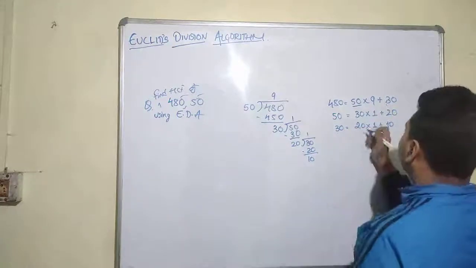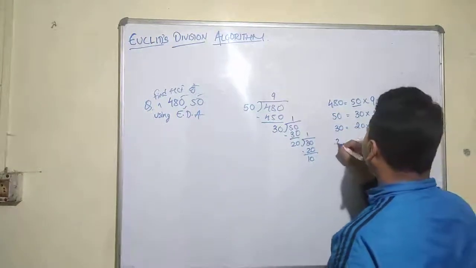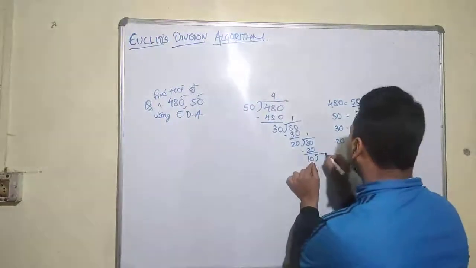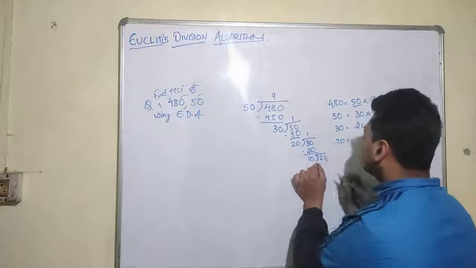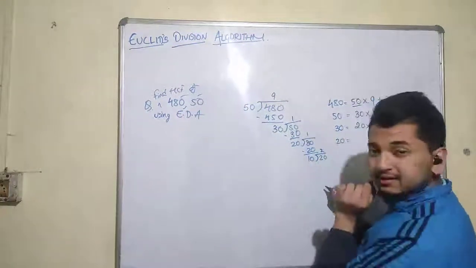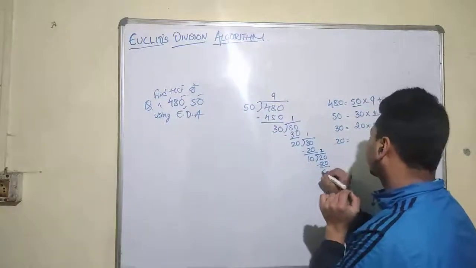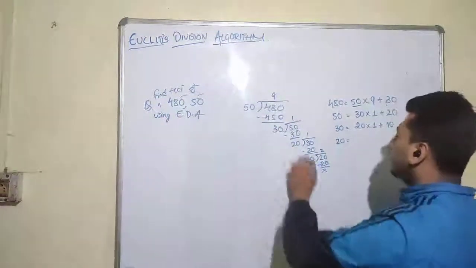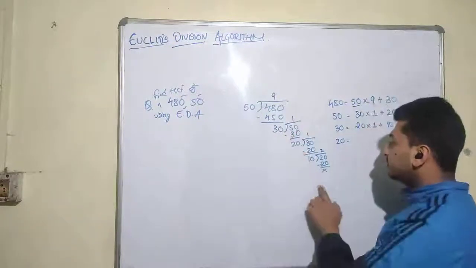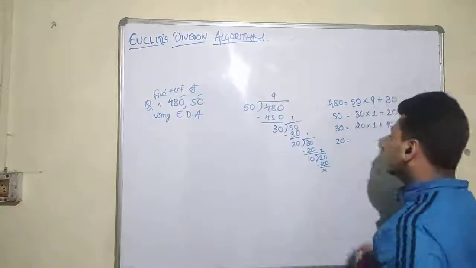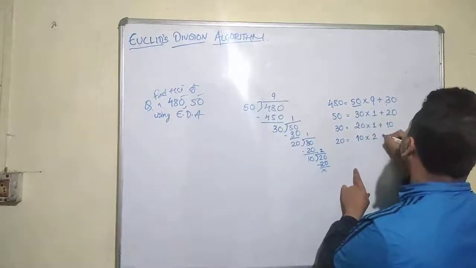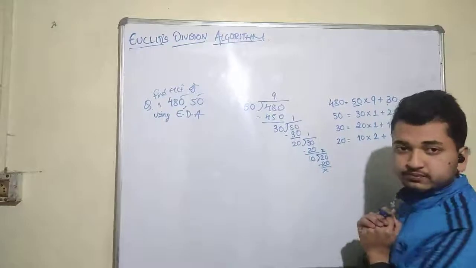So now the next dividend will be 20, and you will divide 20 by 10. 10 times 2 is 20, and we have got 0. We will not stop till we get the remainder as 0. In this question we have got the remainder 0 here. So 20 equals 10 into 2 plus 0.